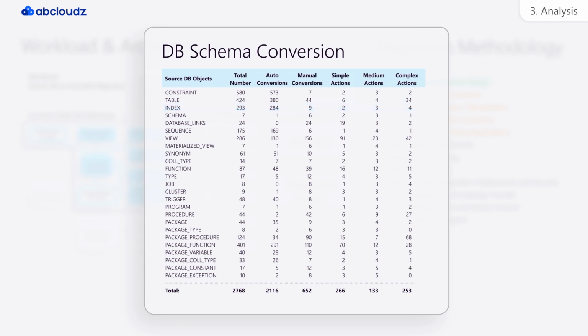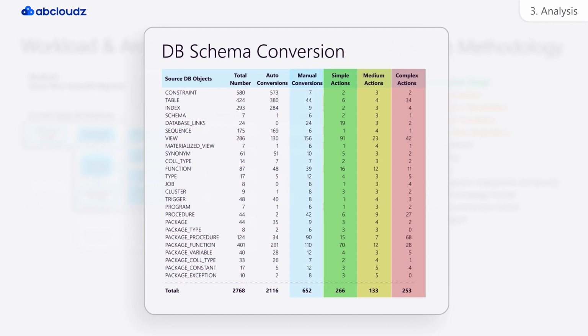The report offers statistics on both automatic and manual conversions for each object type. As part of the analysis, our migration engineers scrutinize the WSSCT output, reviewing the complexity of database schema objects, the counts of manual and auto conversions, and the total number of each object type, among other things. This reveals the relative importance of each area.